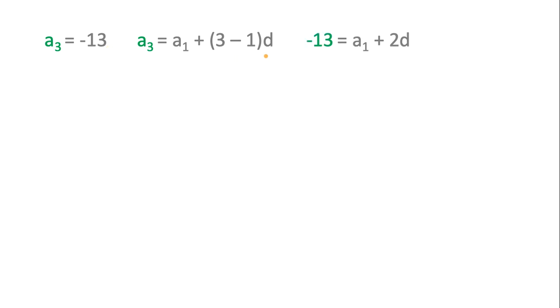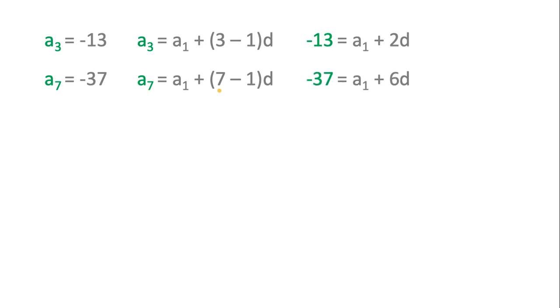So our formula to use is negative 13 is equal to a sub 1 plus 2d. For the seventh term, the value is negative 37. The formula to solve the seventh term is a sub 1 plus 7 minus 1 times d. Substitute again a sub n to negative 37 and subtract 7 minus 1, which is positive 6. So we get this formula.